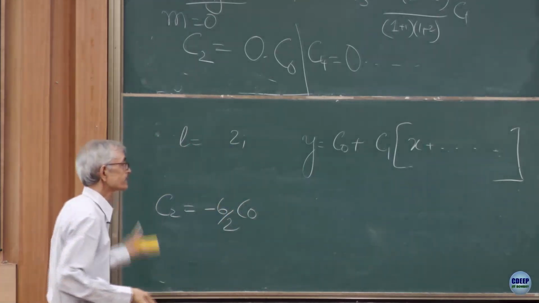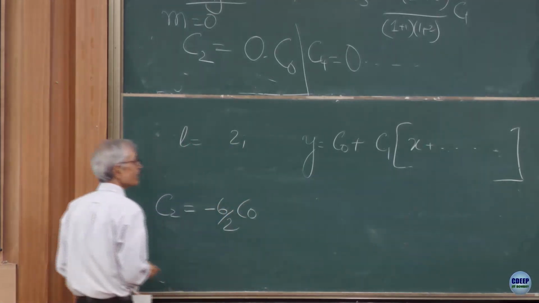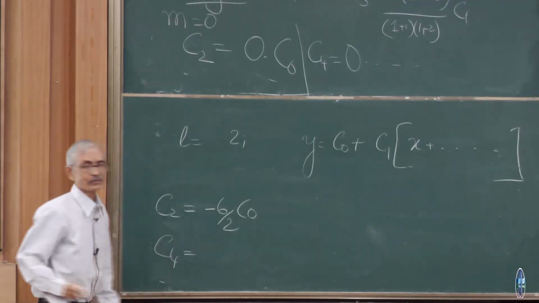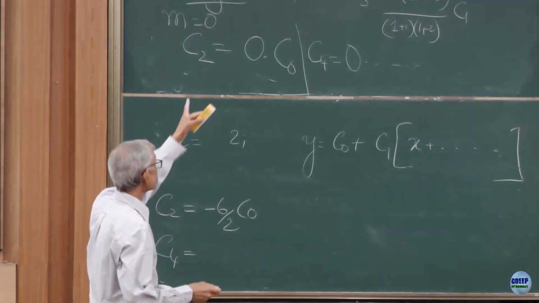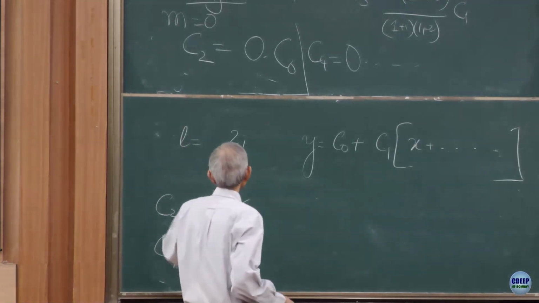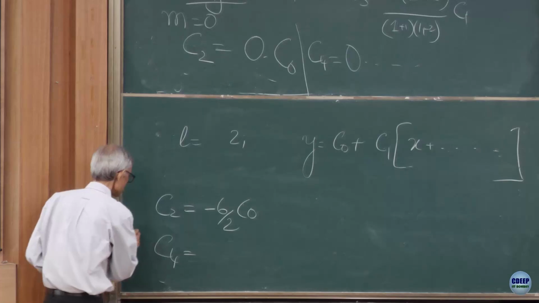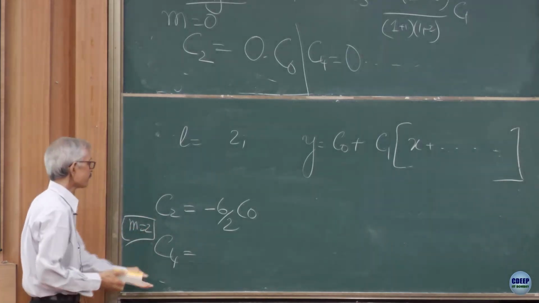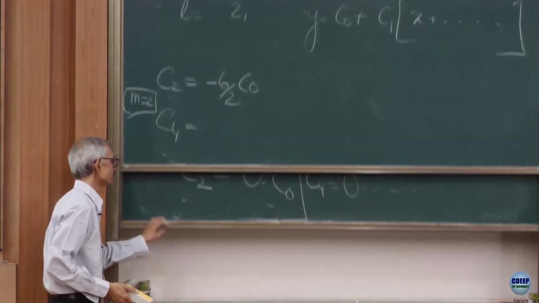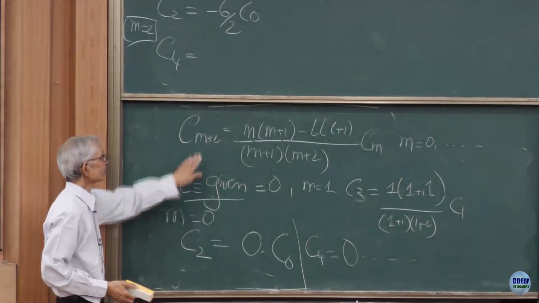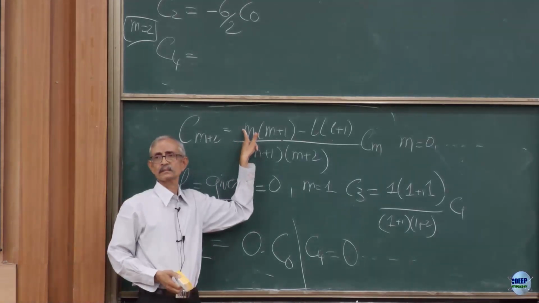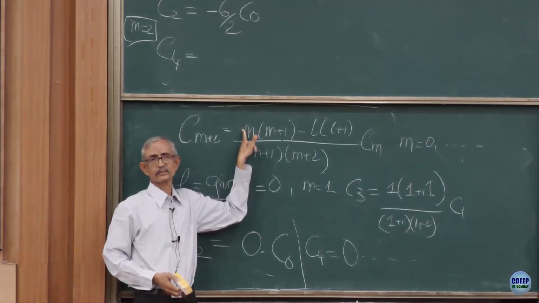Okay, that is C2. Now what happens to C4 now? What happens to C4? If I plug into that same equation, C4 is with M equal to 2. And if I put M equal to 2 here, what happens to the numerator?